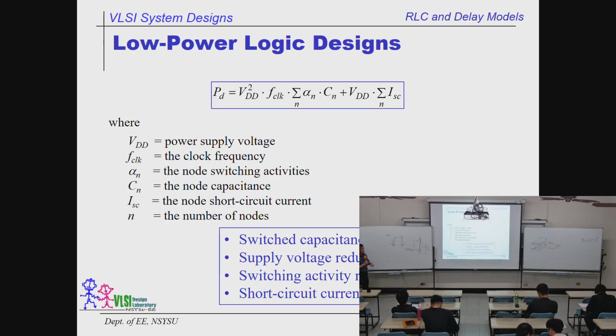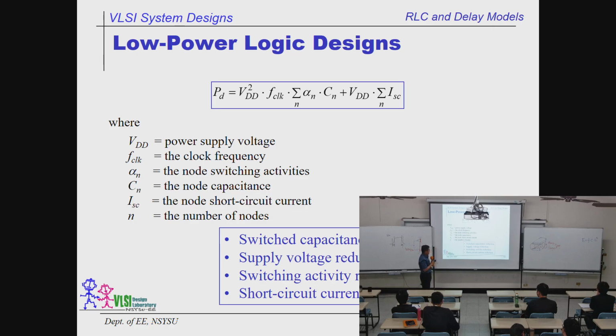So we have a very important observation about low power design. Basically right now we understand we want to save power, we save dynamic power. There are two terms in dynamic power. The first one is the charging and discharging, and the second one is the short circuit power.